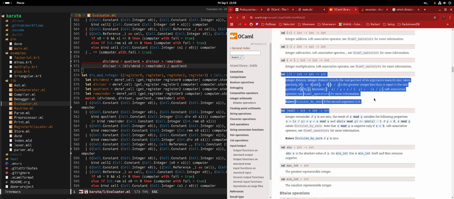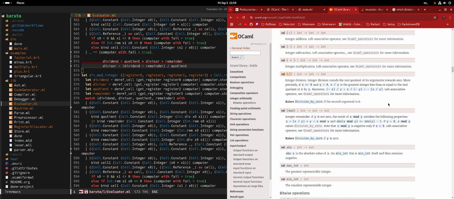Wait a moment. Integer remainder: if y is not zero, the result satisfies the properties. Oh, it is guaranteeing some properties though. This should be enough for us to identify if we can trust the division in here.